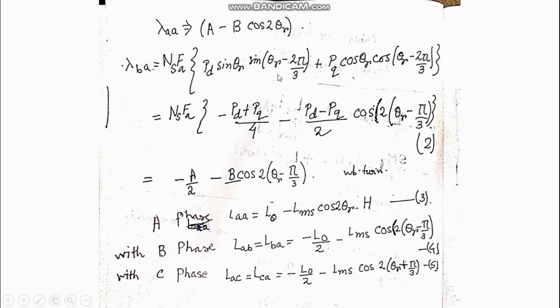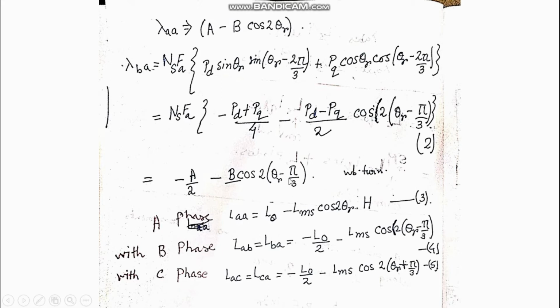And another interesting thing here, you will see that we are getting lambda BA is equal to minus A by 2 minus B cos 2 theta r minus pi by 3, right?